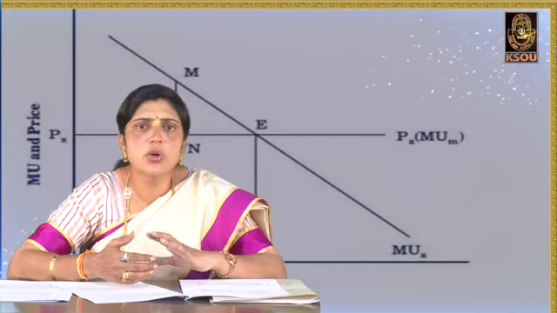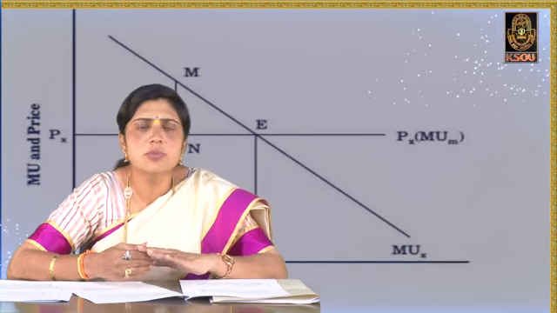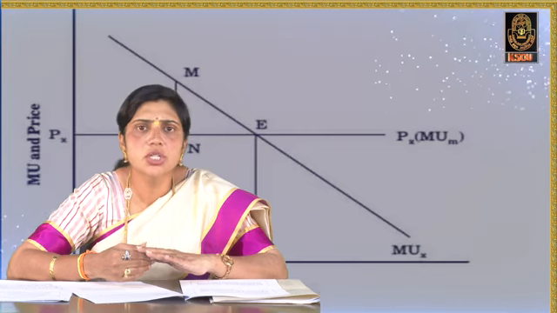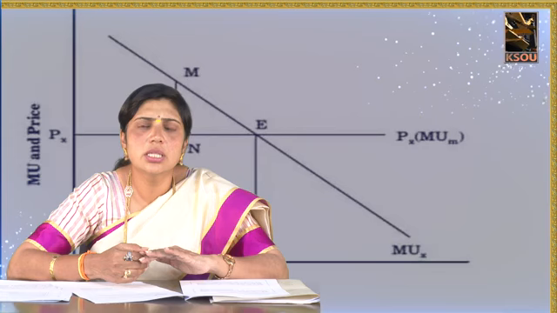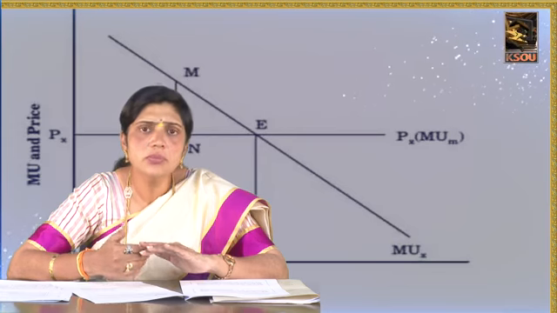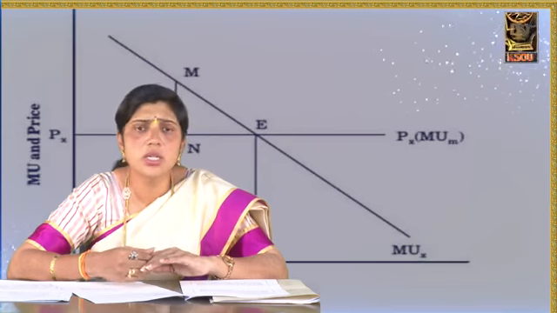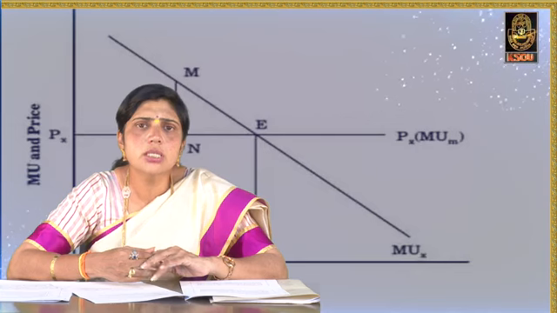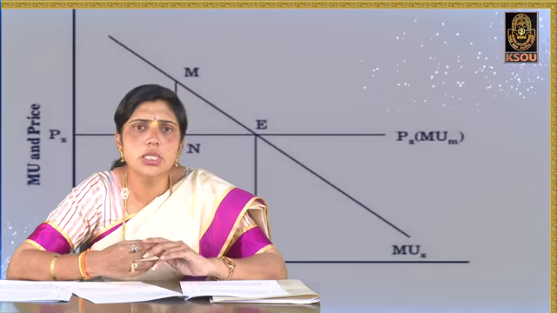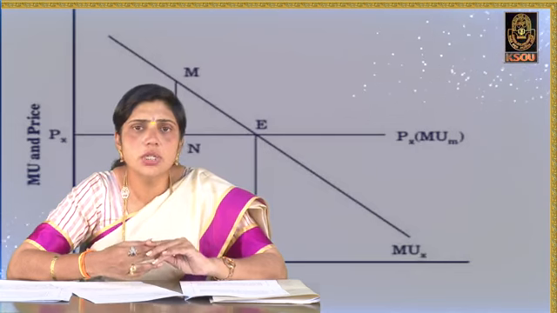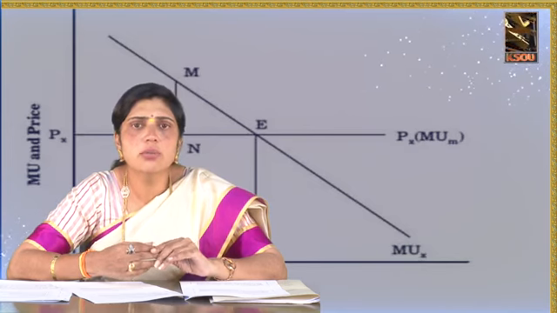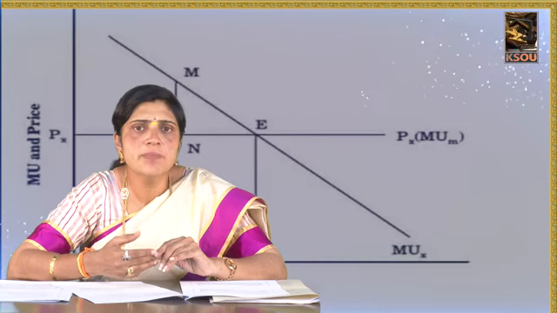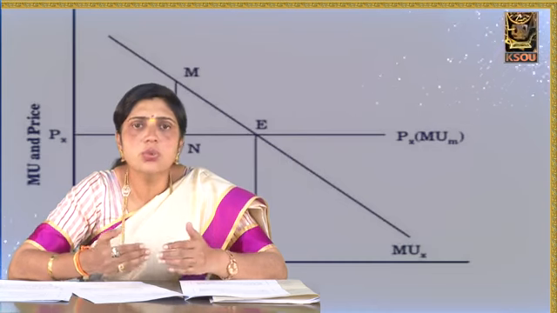The behavior of cardinal utility has been hypothesized by Marshall in the law of diminishing marginal utility. The law states that, other things being equal, with the successive consumption of a commodity, the marginal utility of it tends to decline.